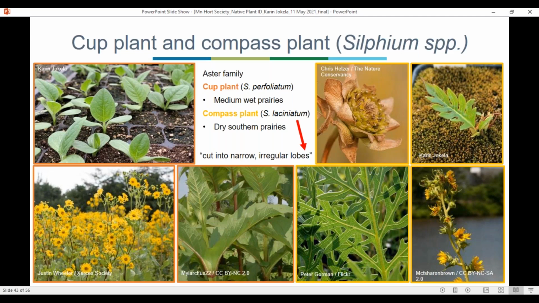Whereas compass plant, Silphium laciniatum, when you look at these root words, laciniatum means cut into narrow, irregular lobes. It's perfect. So just similar plants in terms of the texture and their bloom period, really different moisture requirements, and belong in different kinds of plant communities.